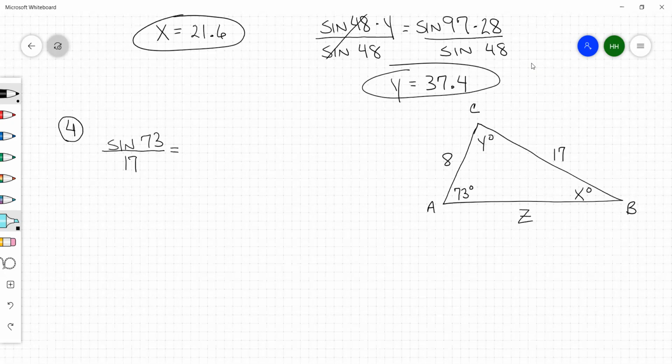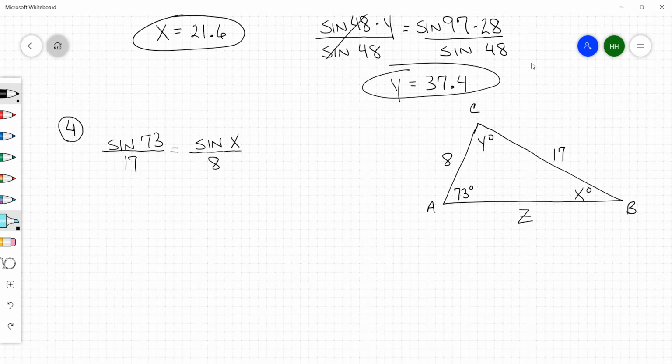And we're going to set it equal to the sine of x over 8, because 8 is the only other side that we know. Now, we're not going to extend this ratio yet because we're not going to write sine of y over z. We're going to find some angle measures first.